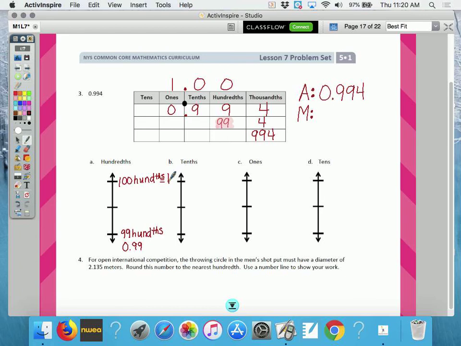Well, they're closer than right next to each other, aren't they? So there's going to be a decimal in my midpoint. Okay? So, Alexis, what do you think the midpoint is? 0.995. You got it. 995 thousandths. Okay, so on my midpoint, I'm going to write 995 thousandths.